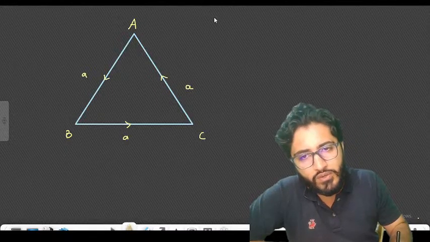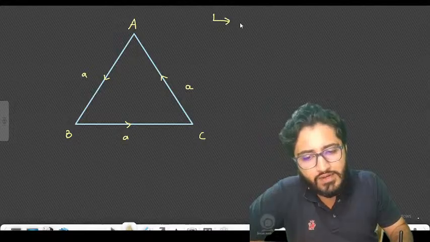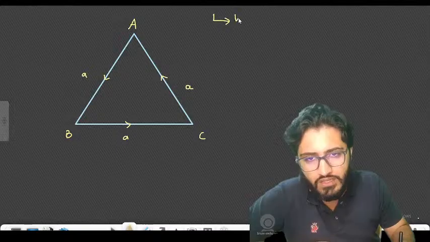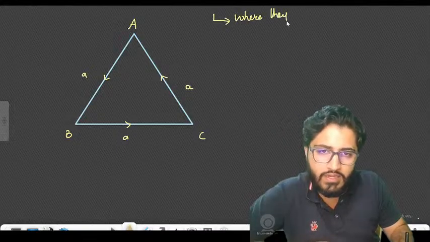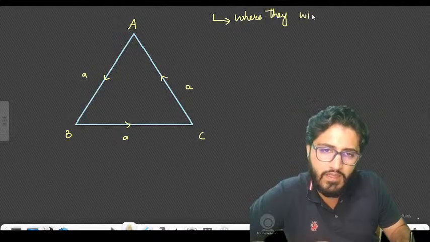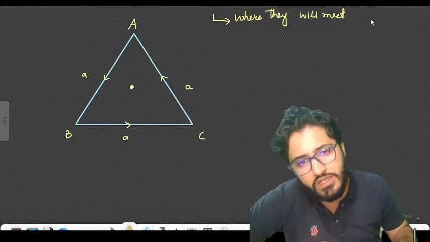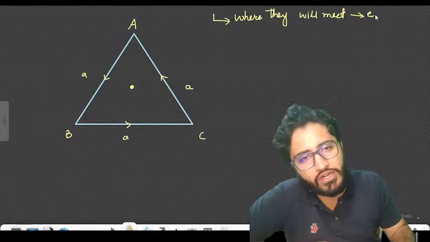You need to write down where they will meet. The only possibility is they can meet at the centroid. So you can write they can meet at the centroid.